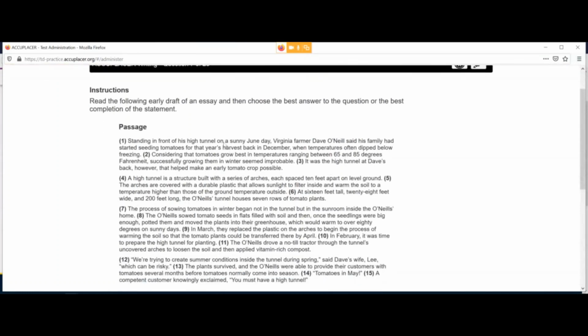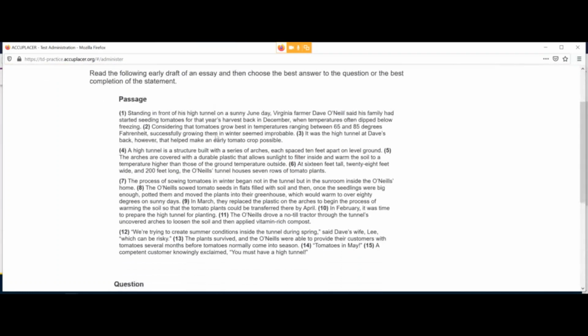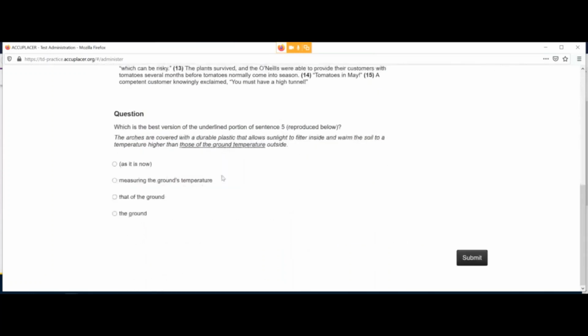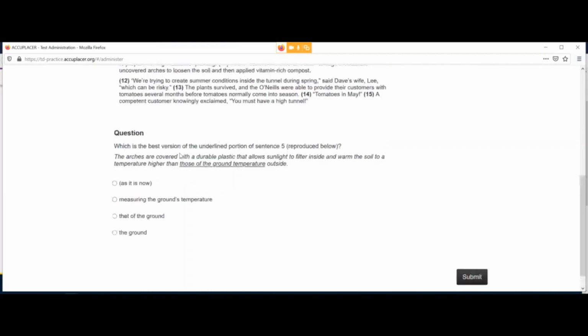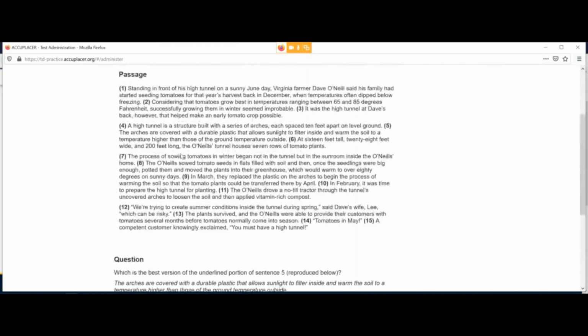Let's see, read the following early draft of an essay, choose the best answer, same instruction here, which is the best version of the underlined portion of sentence 5. The arches are covered with a durable plastic that allows sunlight to filter inside and warm the soil to a temperature higher than those of the ground temperature outside.